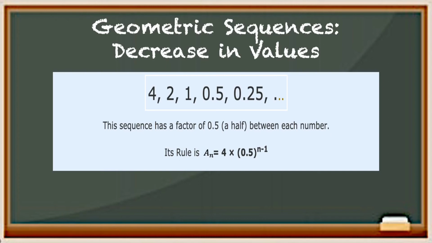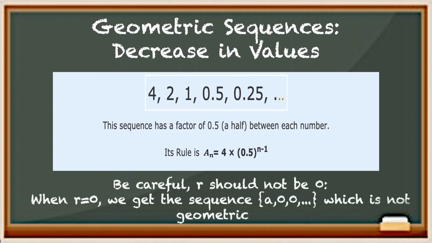Therefore, the rule in this case is a_n is equal to 4, which is the first term, times 0.5, which is the common ratio, with an exponent n minus 1. Therefore, to figure out more terms in the sequence, you would simply use this formula. But be careful, r should never be 0. When r is 0, we get the sequence a, 0, 0, and it keeps on being 0, which is not geometric at all.